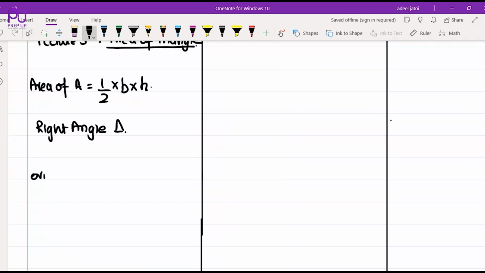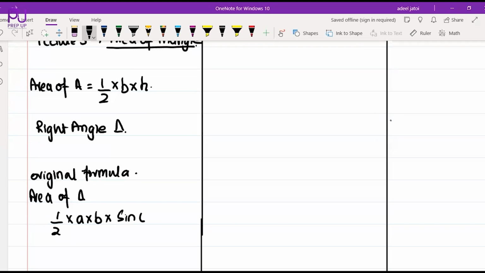Your original formula for the area of a triangle is half into A into B into sine theta. This generalizes the formula to find the area of what? Triangle.